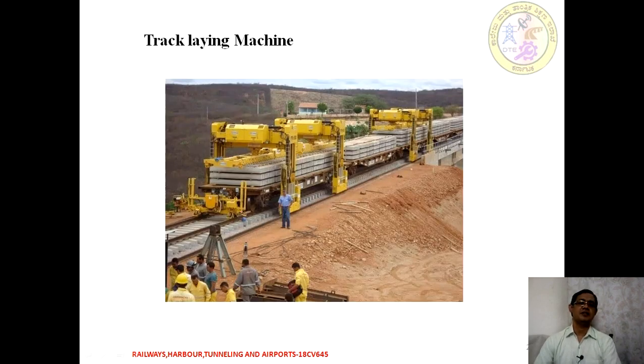So this is another image showing how we place the sleepers. In this case, the sleepers are brought by a moving crane or moving assembly from the depot. From there, the machine automatically puts the sleepers onto the track, or sometimes it has a pre-assembled system of sleepers and rail that is continuously put over the ground for the track laying machine.